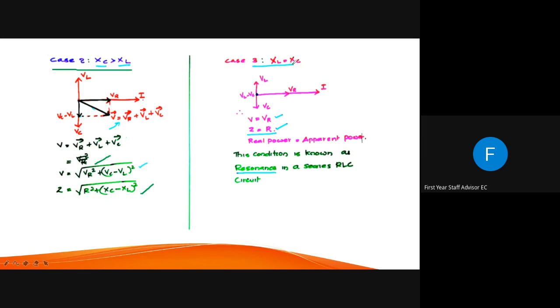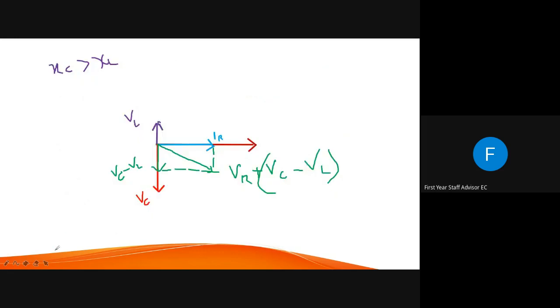And the last one, XL equal to XC. So what is the advantage there? In that case, XL equal to XC, both inductive reactance and capacitive reactance are same.